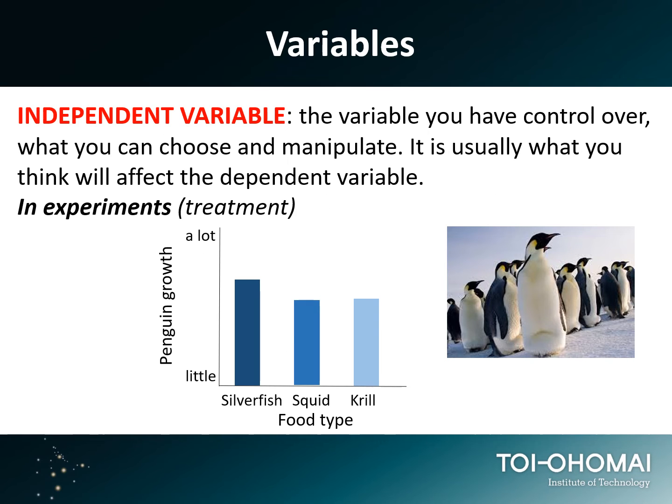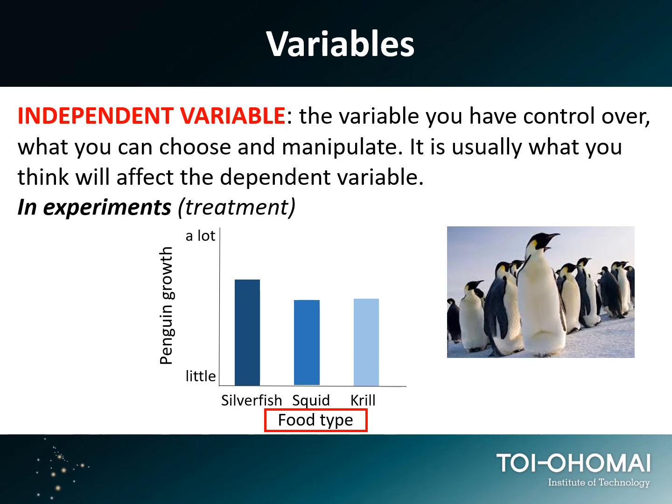Starting with an independent variable. This is the one you are trying to control. In an experimental design, it's usually the treatment. So for example, if we're going to do an experimental design, we're going to control the food that we are giving penguins and see what their growth is like.